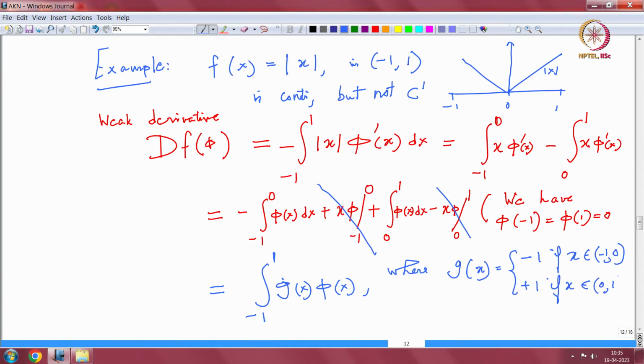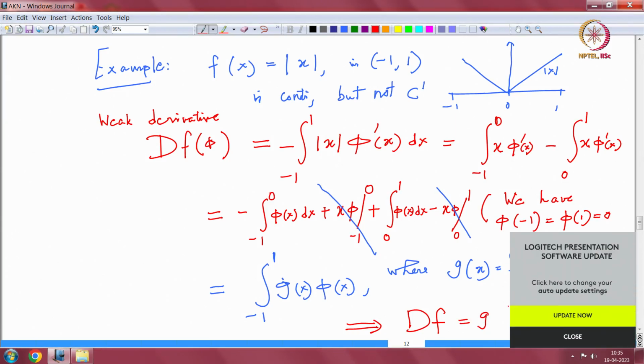Of course, it is defined almost everywhere, that is enough. At 0 it does not matter, whatever value you give at 0, the integral will be 0. So, this is what exactly we are looking for in this example. So, in this example there is no trouble.